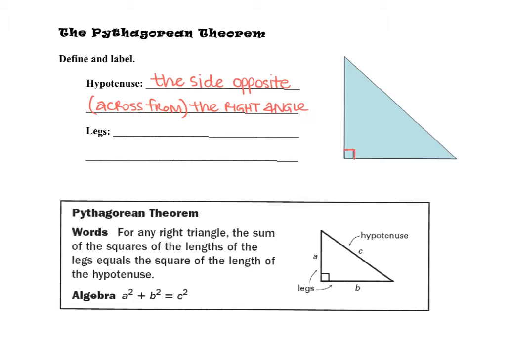So here's the right angle. So the side across from it is called the hypotenuse. All right, and then the legs are the sides that form the right angle.